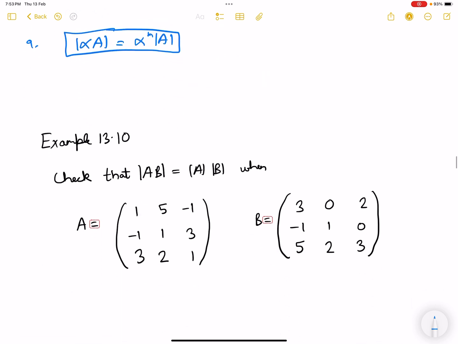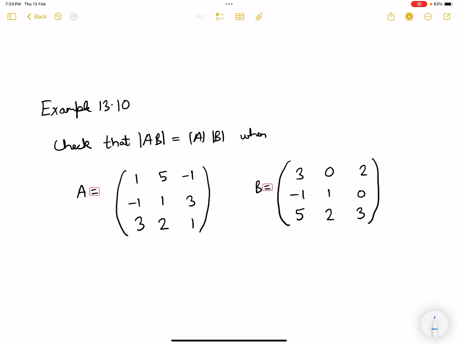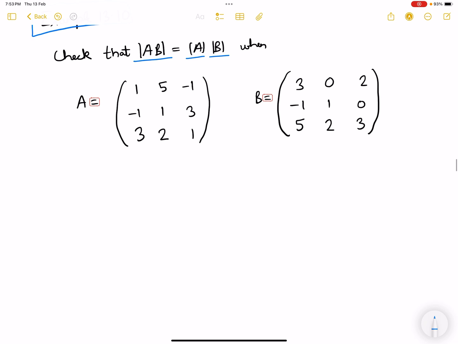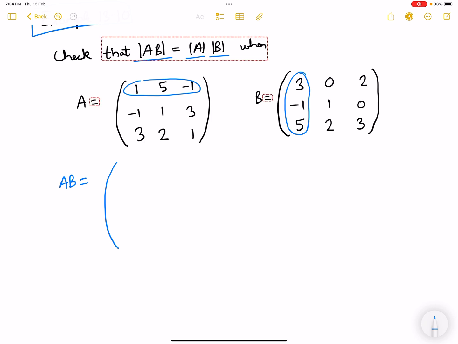Okay, now just a small example. Check that the determinant of AB equals the determinant of A times the determinant of B. Starting with what AB would be. This is the first row into the first column. So this becomes 3 minus 5 minus 5 minus 10 plus 3, which is minus 7. The second element would become 1 into 0, this into this, then 5 into 1, 5 minus 2, 3.